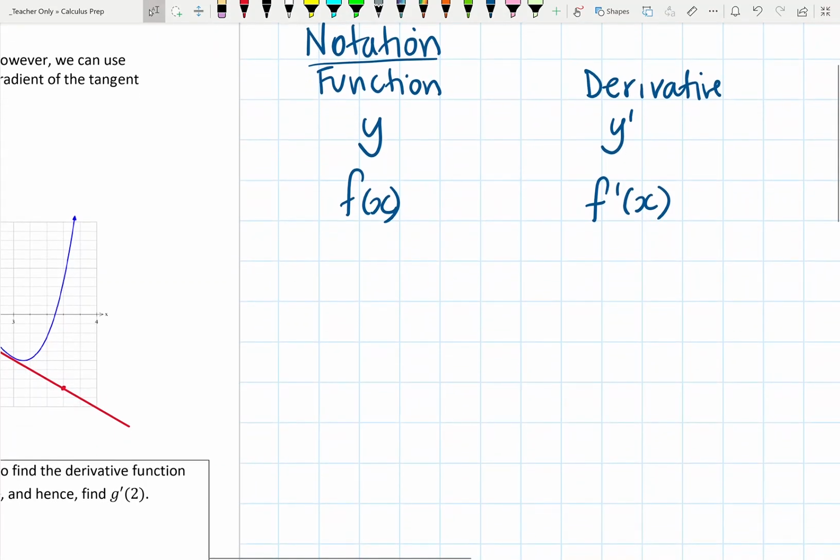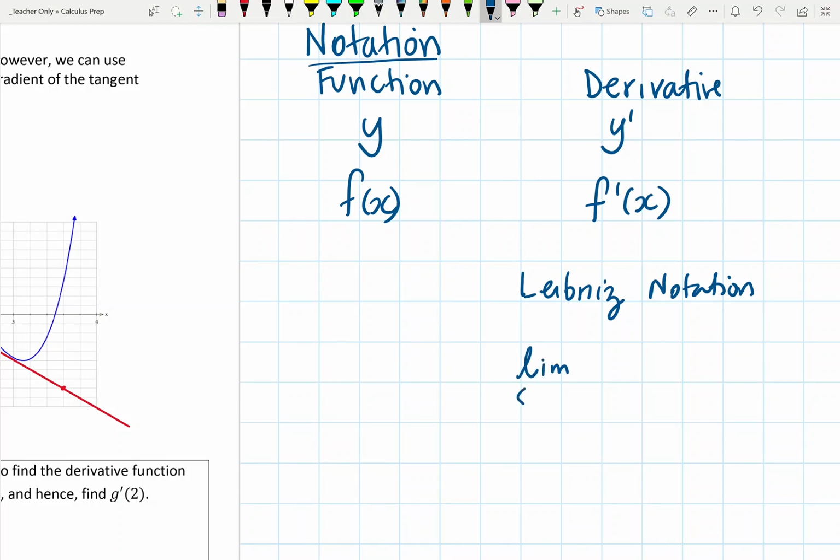There's two extra pieces of notation for the derivative. The first one is called the Leibniz notation, and it is that the derivative is the limit as delta x approaches 0 of delta y on delta x.